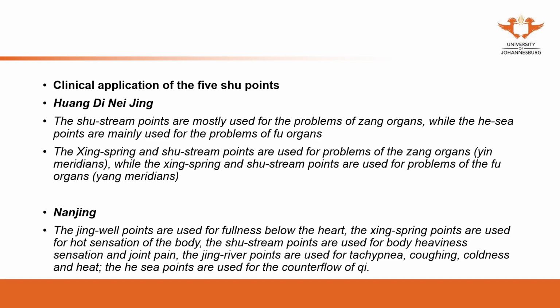Firstly, from this clause, the fullness below the heart, Jing-well points. Where is the location below the heart? Below the heart is the stomach, the upper abdomen. So for fullness of the stomach, the fullness of the upper abdomen, we can use Jing-well points.